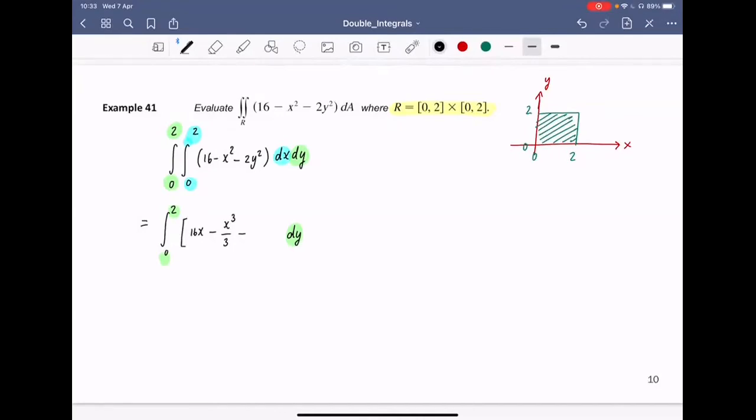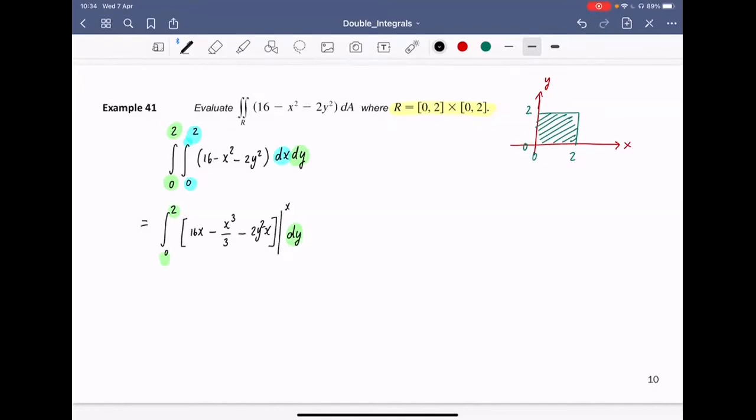You're going to get 2y squared x. Why is that? Because 2y squared is constant when you integrate with respect to x. Everything that is not x, you treat as a constant. So 2y squared is the same thing as the number 16. It's just a constant. So I integrate it and I should get 2y squared times x.